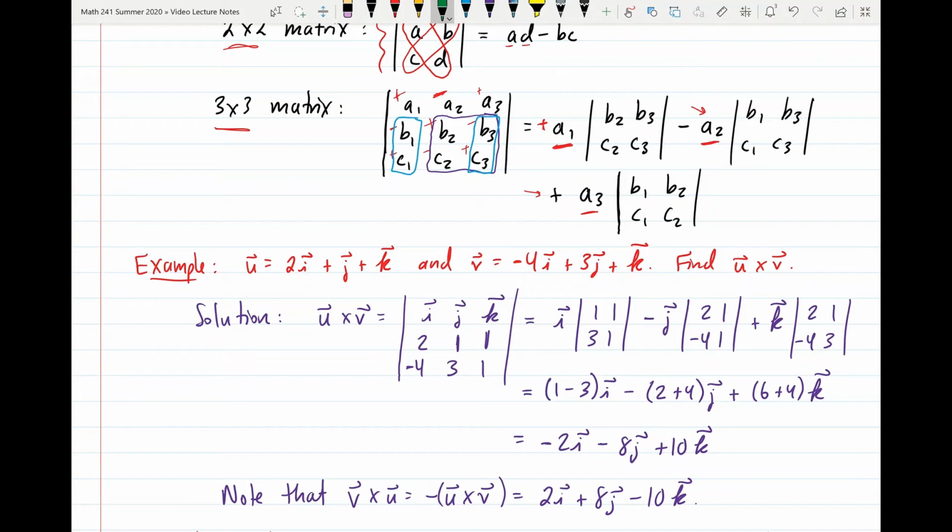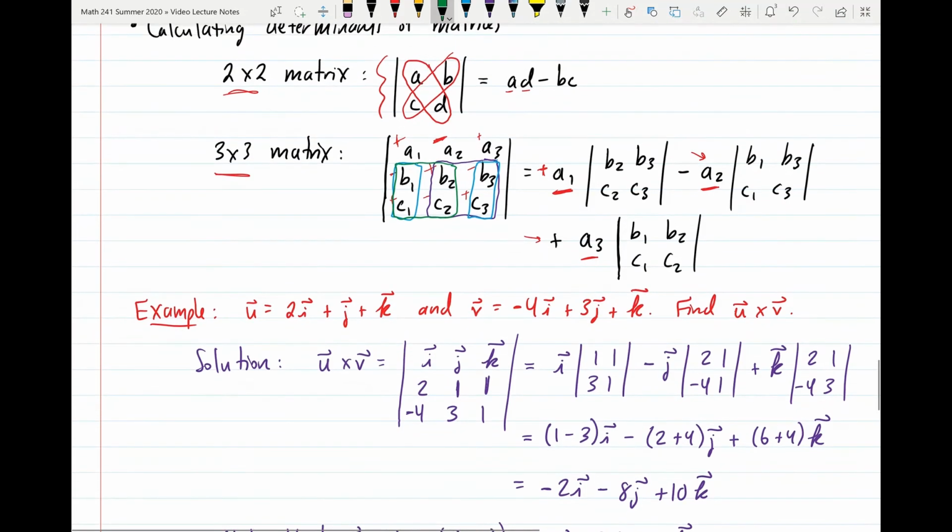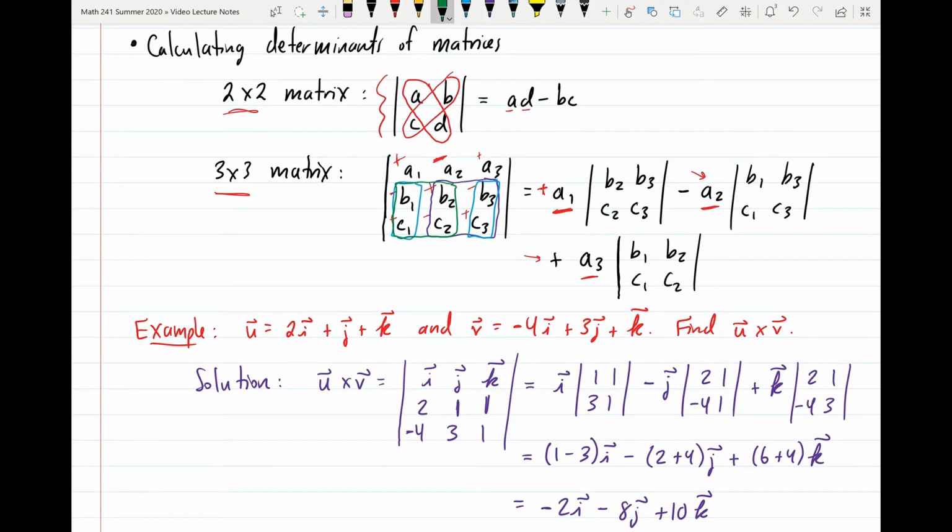A3 is in column 3, so we get rid of the terms in column 3, and the terms that are left are right here, B1, B2, C1, C2. And after we break down our 3 by 3 matrix into this form, now we can apply the formula for the determinant of 2 by 2 matrices to solve the determinants of all of these guys here.